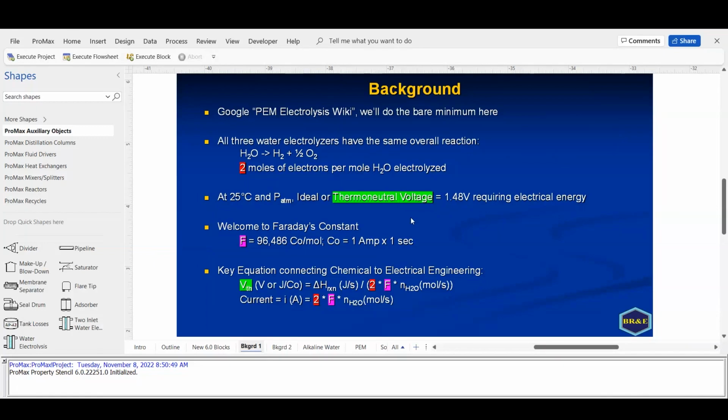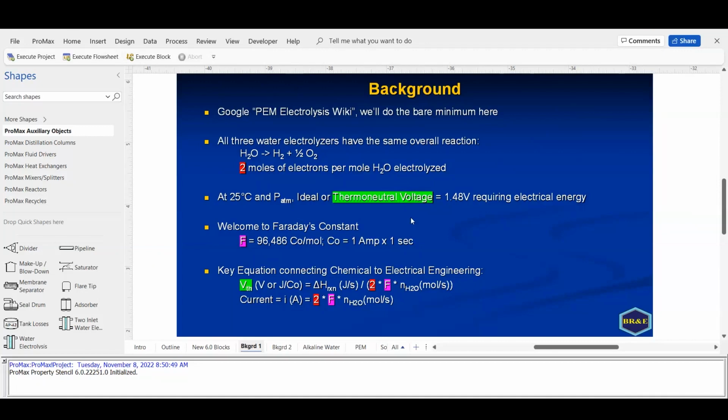Then there's this key equation that I think is the real bridge between the electrical side and the chemical side for electrolysis. The thermal neutral voltage is equal to the heat of reaction in an energy per time unit, like joules per second, divided by 2, representing the stoichiometry of the electrons to water, and the Faraday's constant and the molar flow rate of the water.